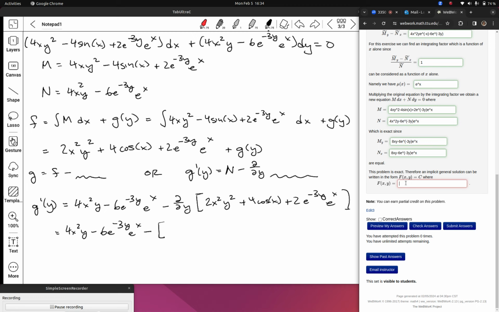So partials with respect to y here, I'm going to get 4x squared y from that first term plus 0, because the cosine doesn't depend on y, minus 6e to minus 3y e to x. I think that looks right to me.